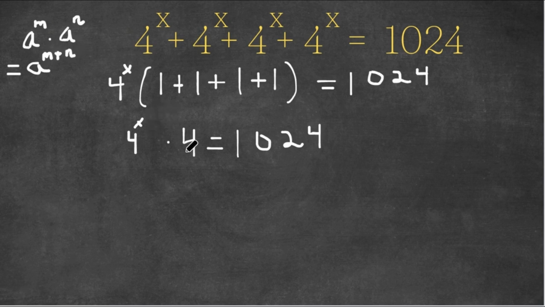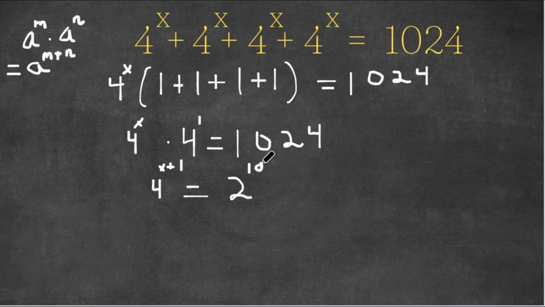So 4 to the power of x times 4 to the power of 1, because 4 is equal to 4 to the power of 1, is going to be equal to 4 to the power of x plus 1, because x in this case is m and 1 is n. And I'm actually going to rewrite 1024 as 2 to the power of 10.